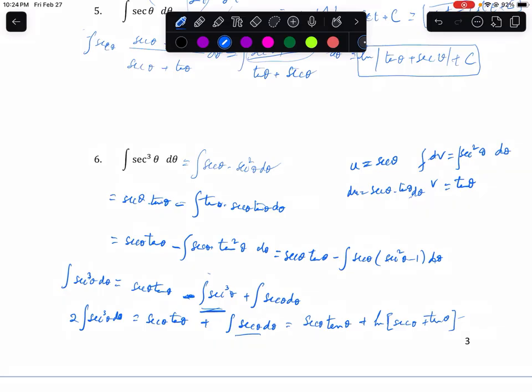Now on the left hand side we have 2 times secant cube theta, so we will divide by 2.